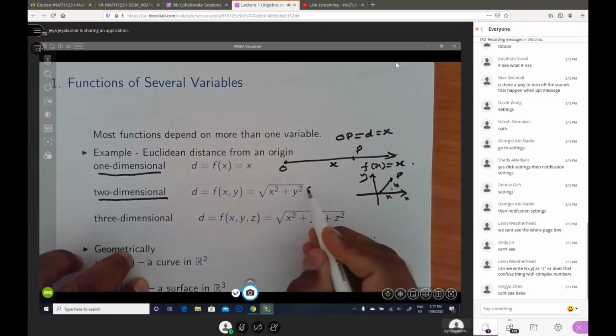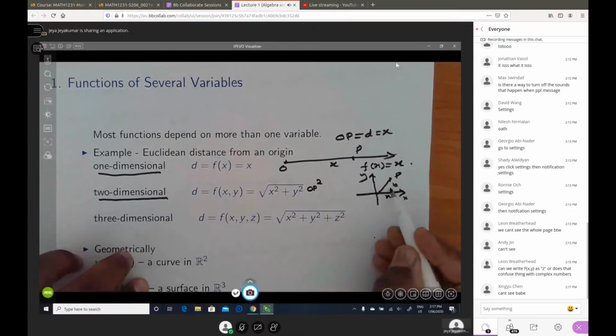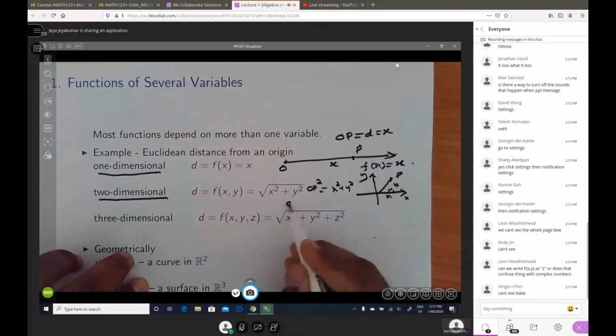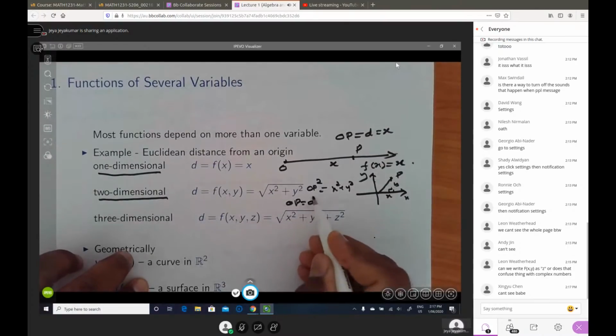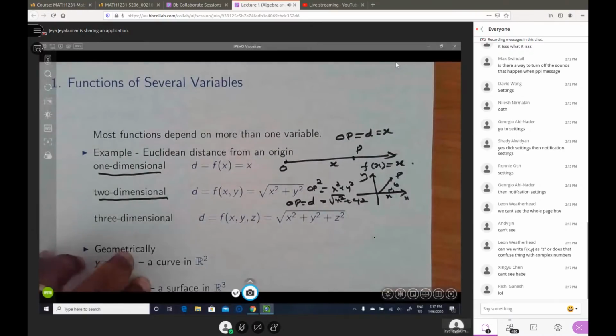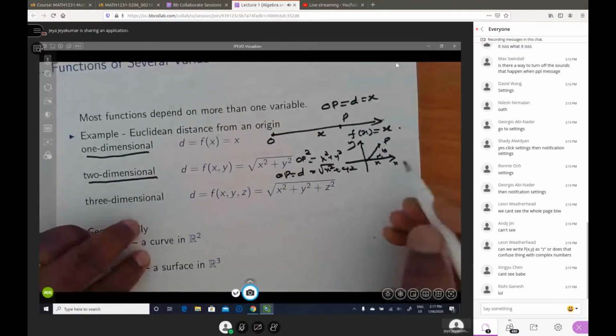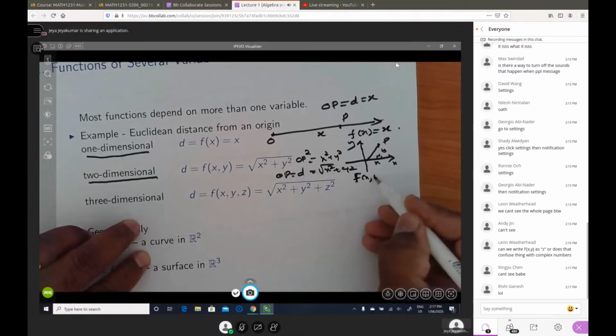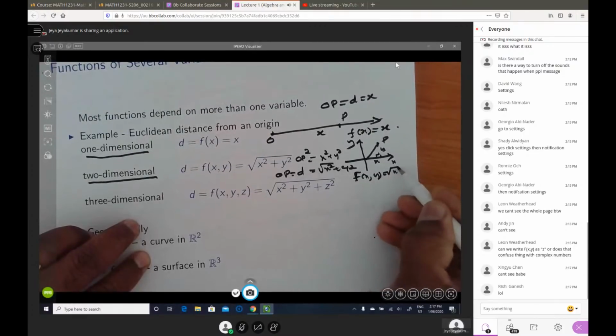That gives you OP squared, from the right triangle, as x squared plus y squared. So OP, that's the distance, d is the square root of x squared plus y squared. Therefore we have a function of two variables, f(x,y) in this case the square root of x squared plus y squared.